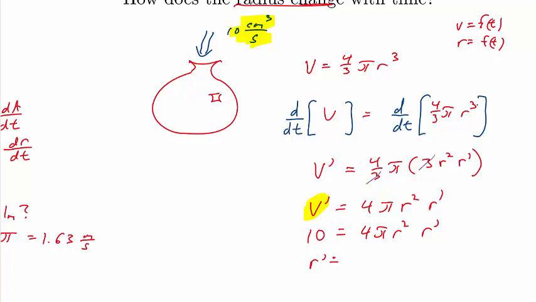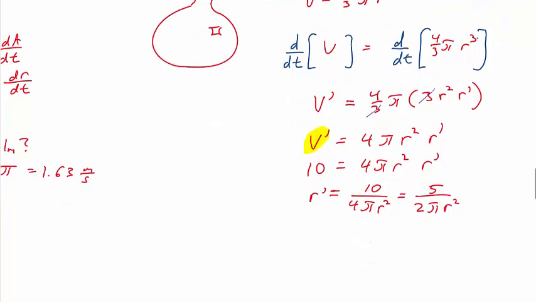So we get r prime equals 10 divided by 4 pi r squared, which can reduce to 5 over 2 pi r squared. And that's it. That is how our radius is changing for any given radius at any point in time.